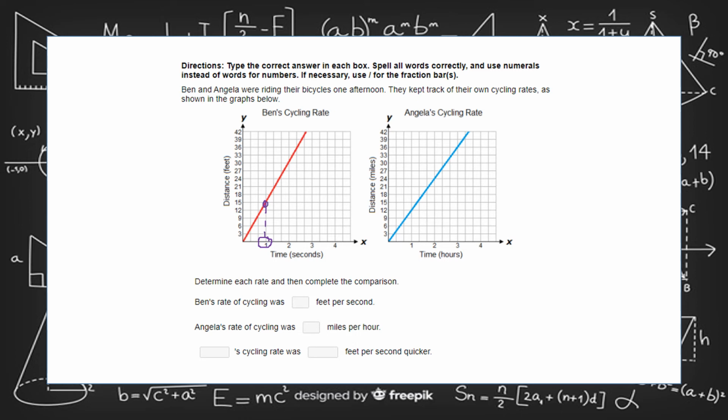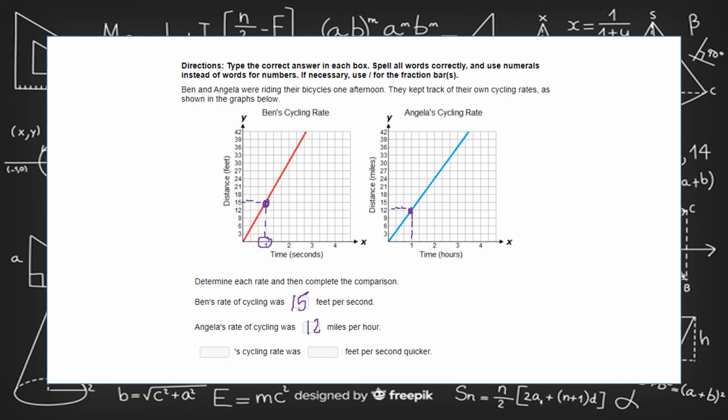It meets right here, and that is at 15. So his was 15 feet per second. Angela's rate, we're looking at hours. If I go up, that is 12 miles per hour.